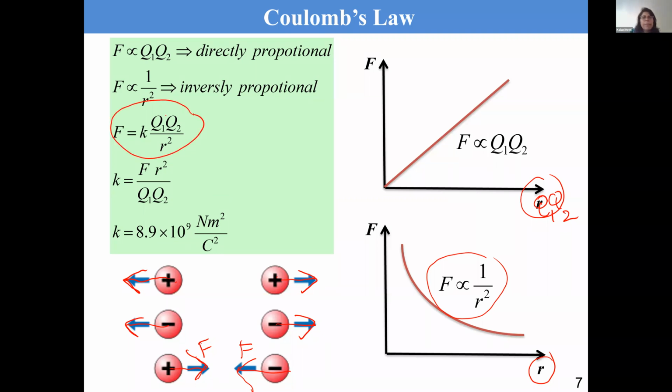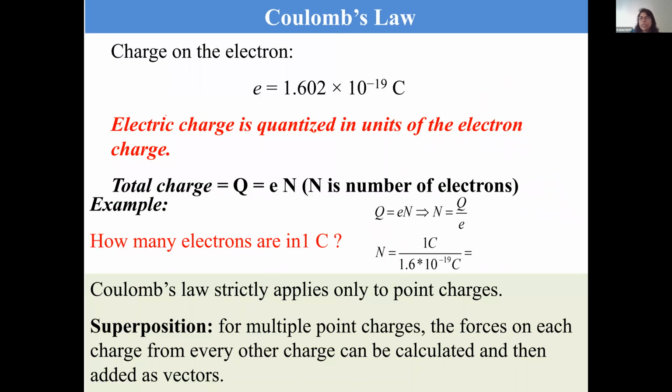Okay, so now the charge on the electron we discussed earlier. The charge of the electron is 1.602 times 10 to the negative 19, but it is a negative charge, right? So if I say coulombs, you are basically saying how many electrons you have on that particle.